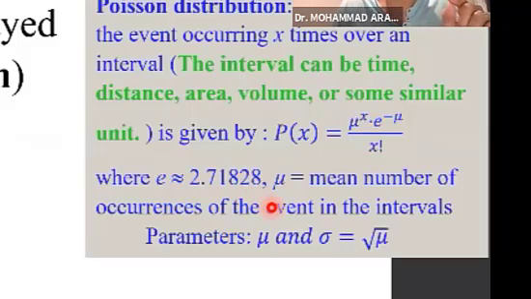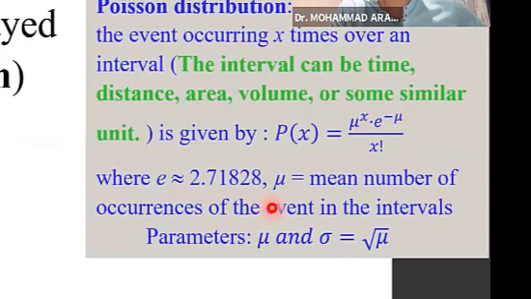In other words, e is the base of the natural log. It's just like pi, which is an irrational number, and it's used often. The same thing for e. It's an irrational number, the base for natural log.